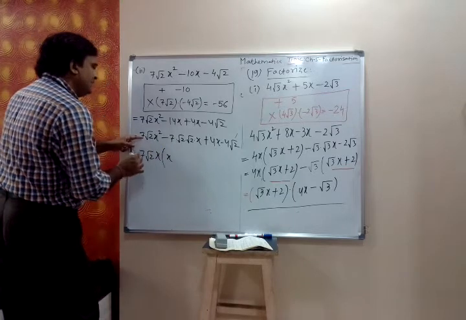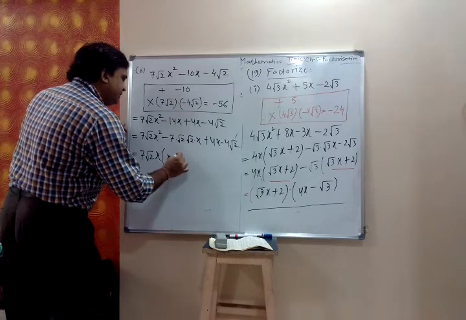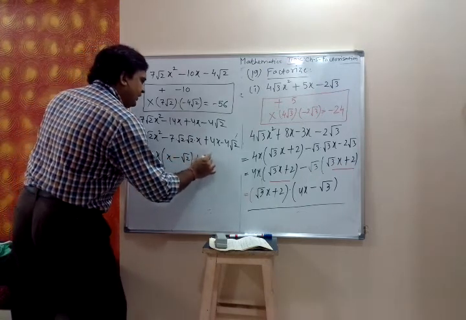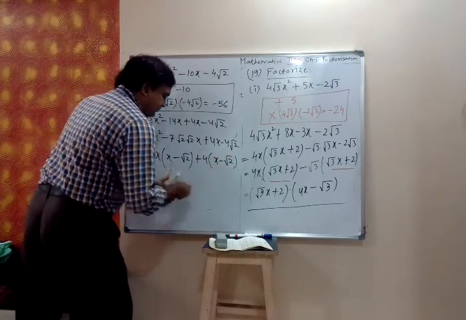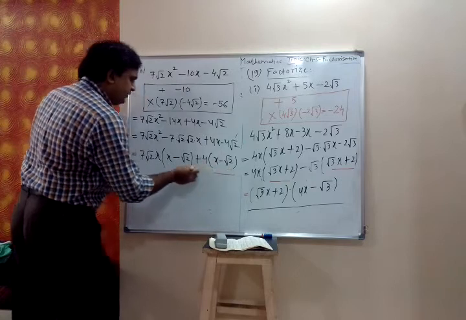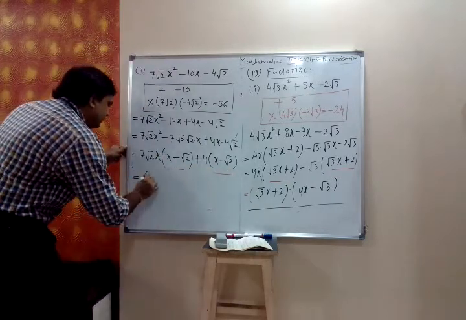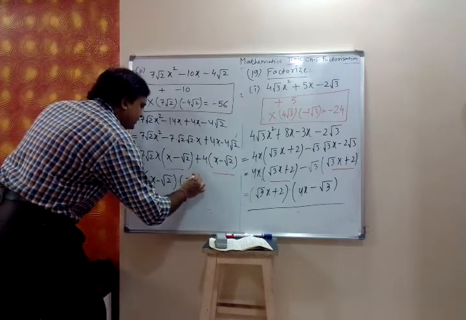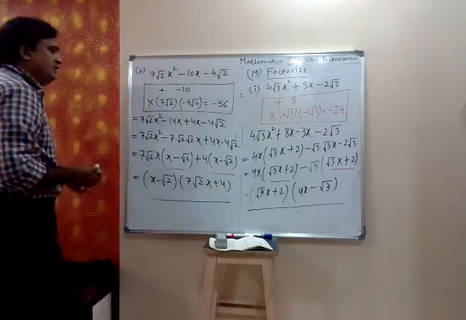X minus root 2, plus 4 times x minus root 2. Then x minus root 2 is common. So it is x minus root 2 into 7 root 2 x plus 4. This is the answer.